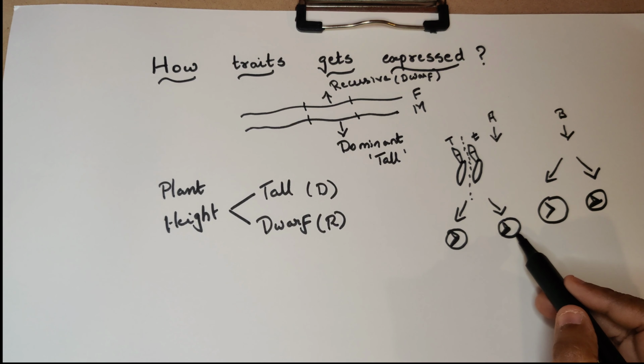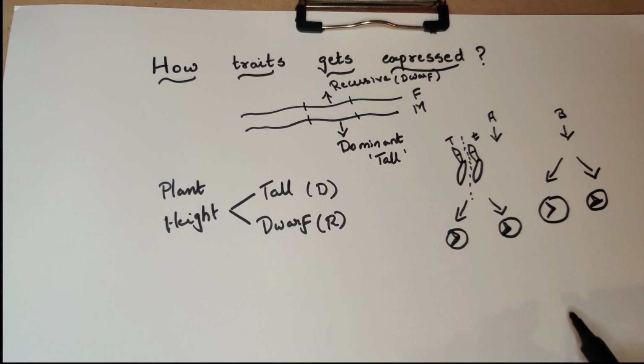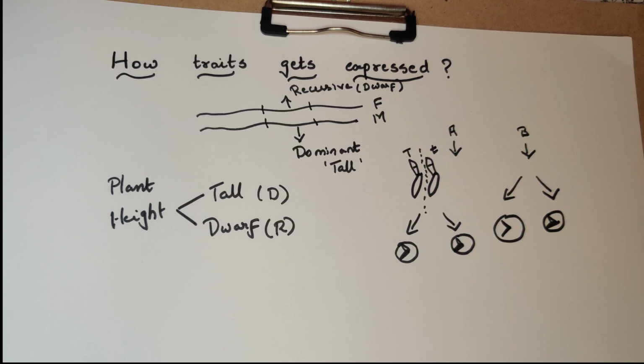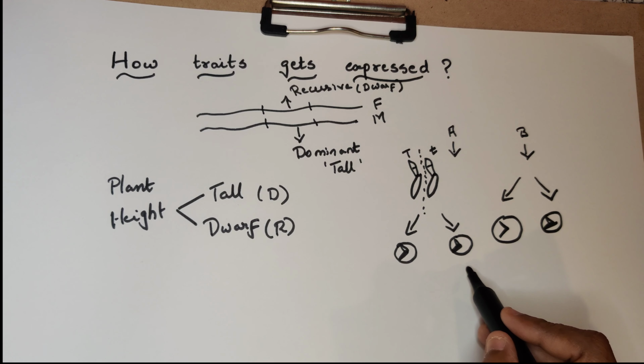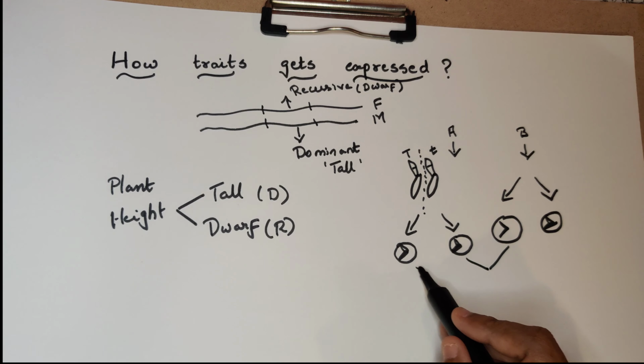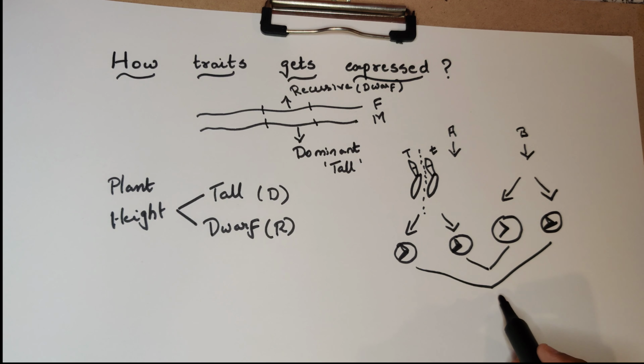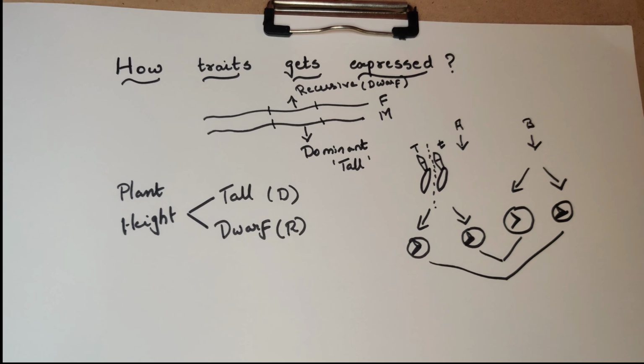The gametes carry only half of the chromosomes, only half of the gene sets. So during fertilization between parent A and B, this and this might join, or this and this might join, any which way. So it restores the chromosome number. So this is what happens in nature.